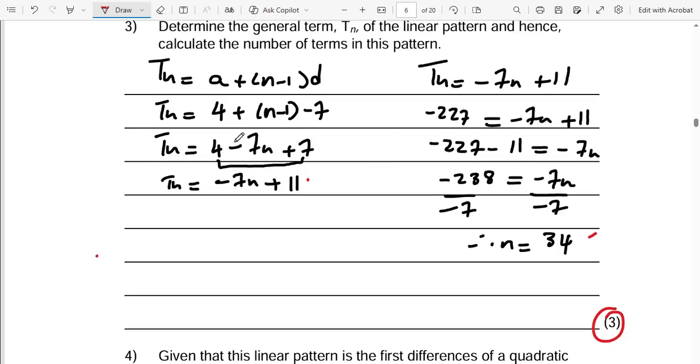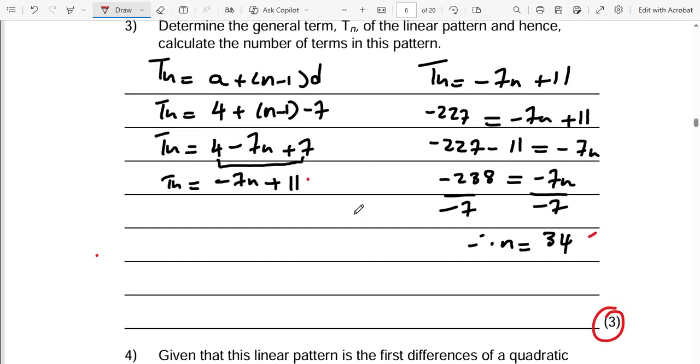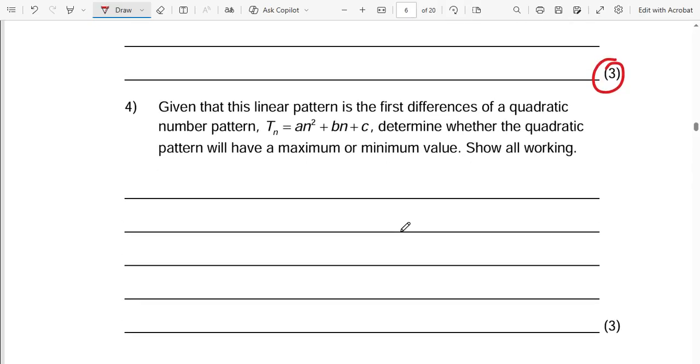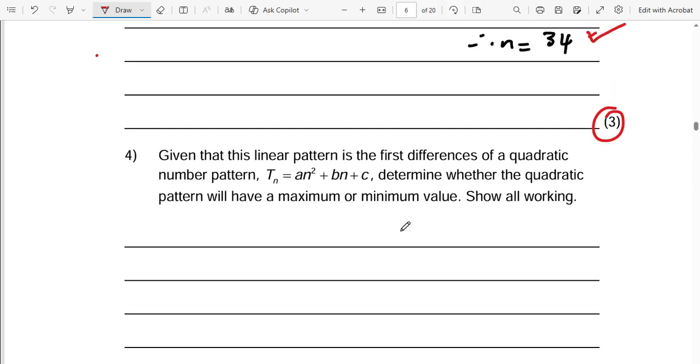Why did they not ask this question separately so that you can get 2 marks for the general term and 2 marks for finding the number of terms? But they are robbing you of the marks, so they'll give you 1 mark for n, and they'll definitely give you another mark for this substitution here, and then maybe 1 mark for the general term. That's how they'll mark this one. Oh, okay. Next question.